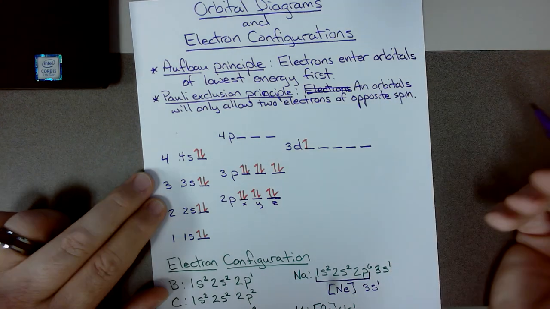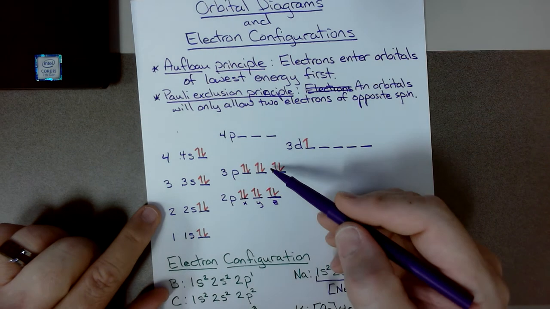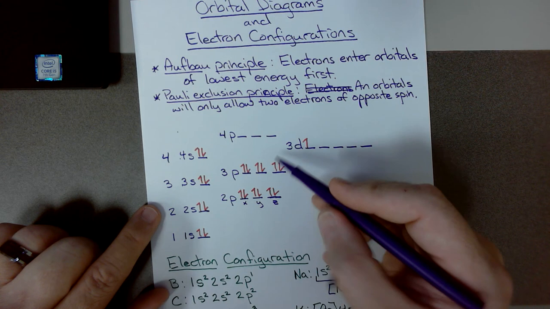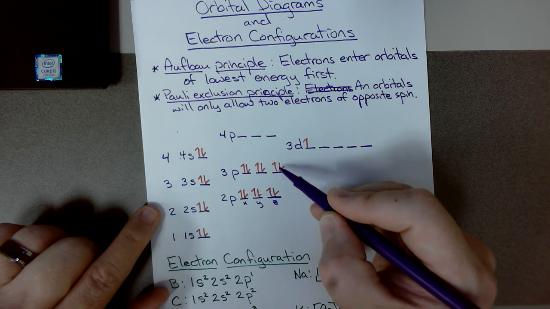Okay, so if you notice, each one of these orbitals has a spin up or spin down, or you might think of it as a clockwise spin and a counterclockwise spin.